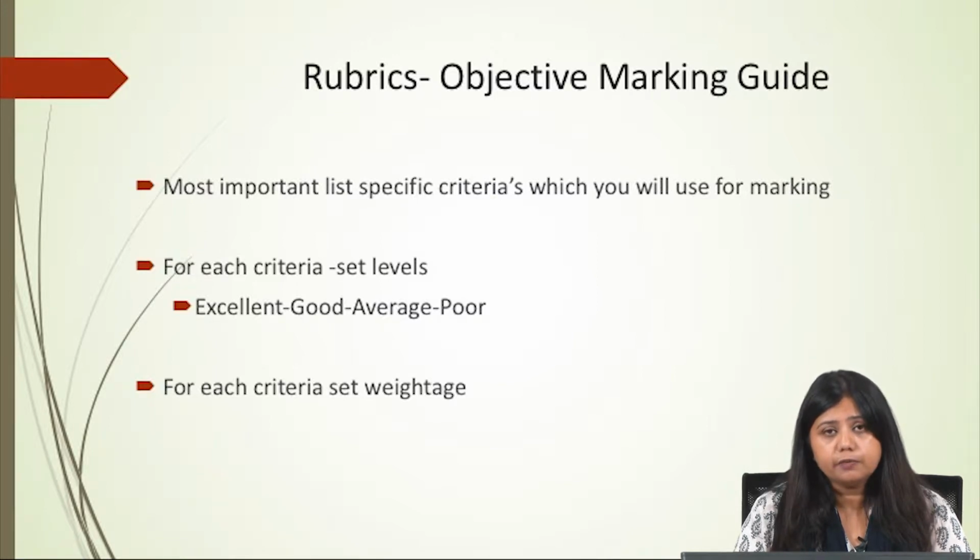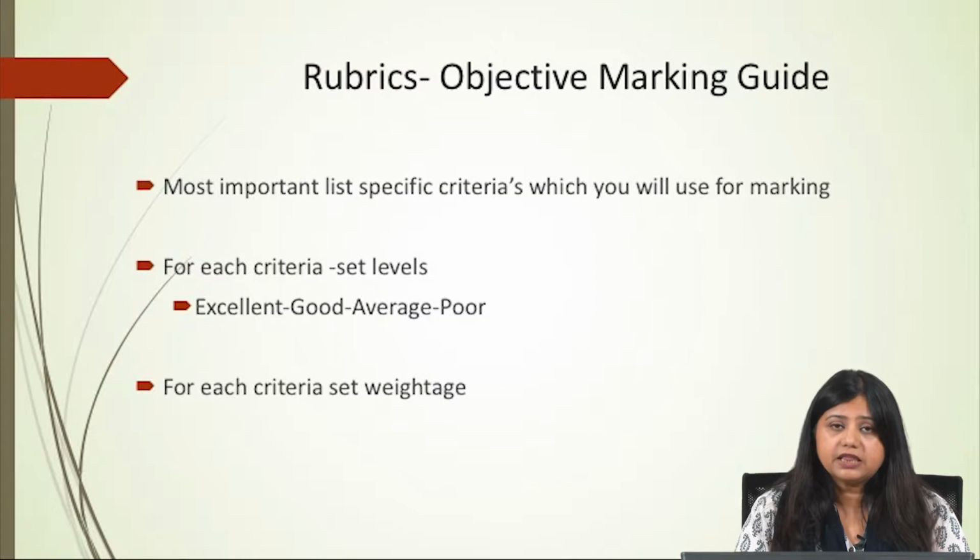I will also be marking them on their presentation style, which includes how legible the PowerPoint slides are, how clear they are with their explanation, how well they address questions and answers, and how well they maintain their presentation within the given time limit. So these are all the criteria on which I am marking.